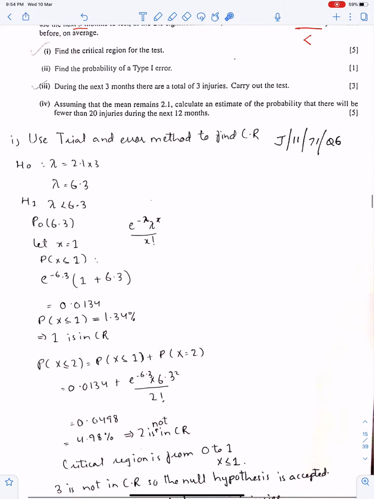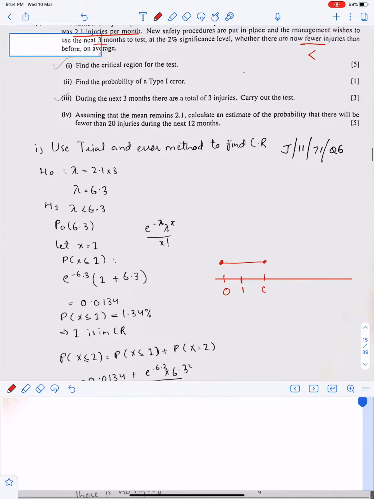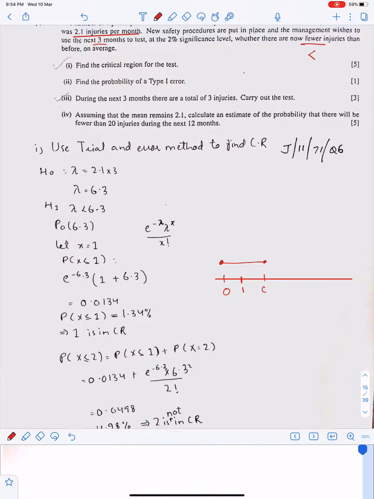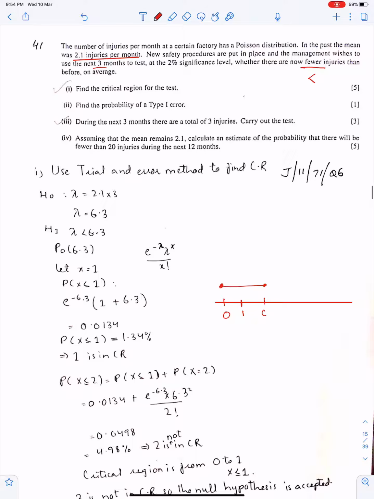You have an option. You can start from the test value or you can start from 1. It's your choice. The best thing is always to start from the test value. That will make your calculation fast.